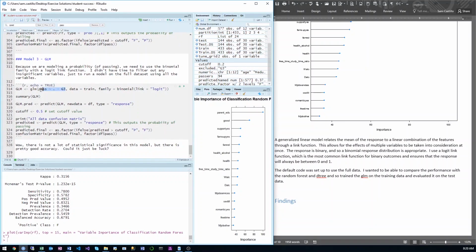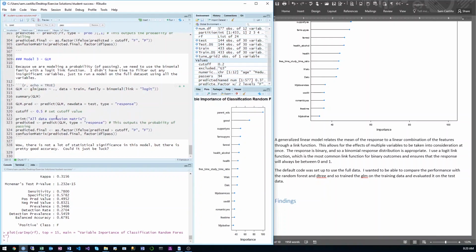You can see the formula here is saying pass follows all variables except G3, but I've already removed G3, so I don't need that. I changed the data to train. I don't need to change this link function. And this is saying predict new data. I want new data to be test.